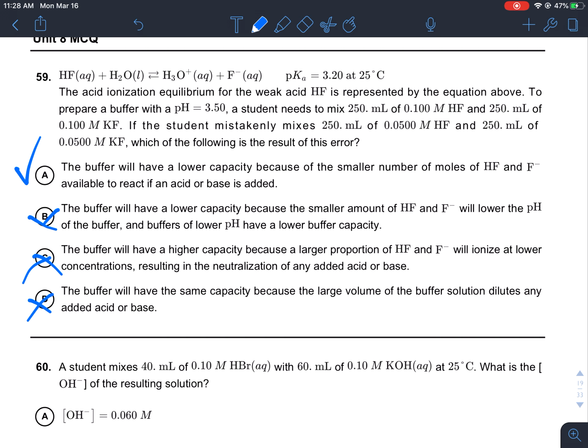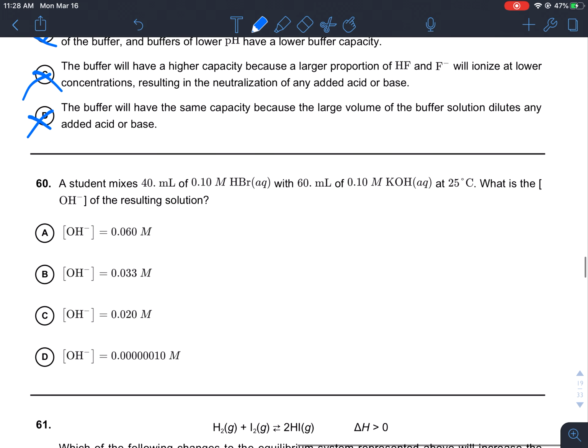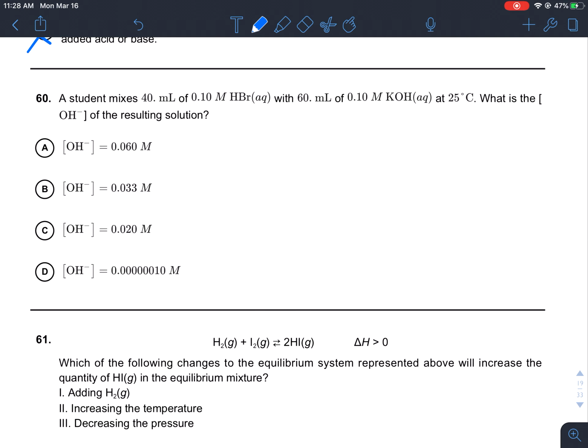All right, last one. A student mixes 40 milliliters of 0.1 molar HBr with 60 milliliters of 0.1 molar KOH. Basically this neutralized, but you're going to have 20 milliliters of 0.1 molar OH minus left over.